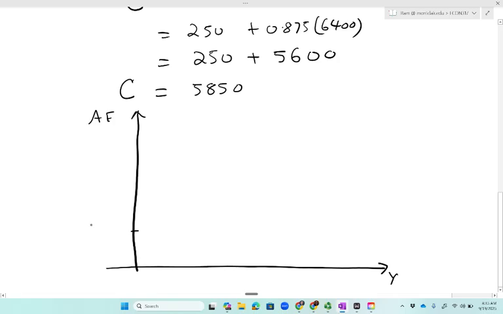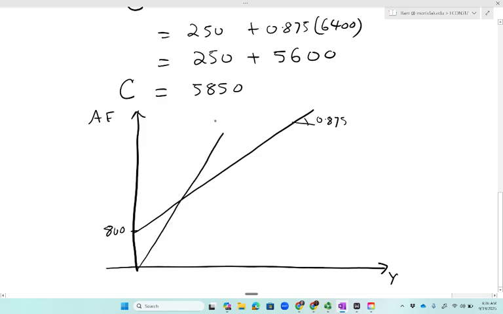We know the intercept is 800 and the slope is 0.875, and then to find the equilibrium GDP I need to draw the helping line, which is the line passing through the origin with a slope of 45 degrees.